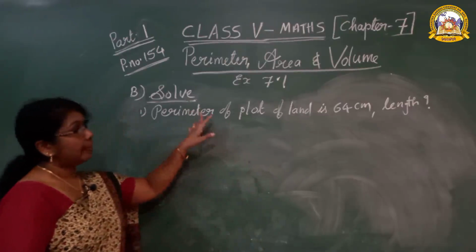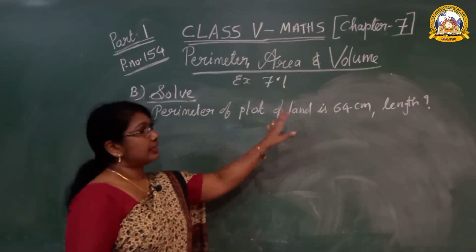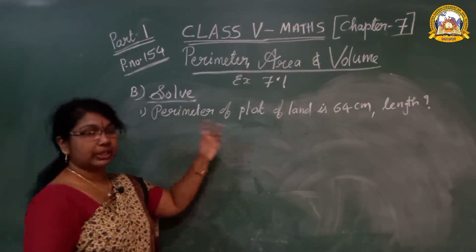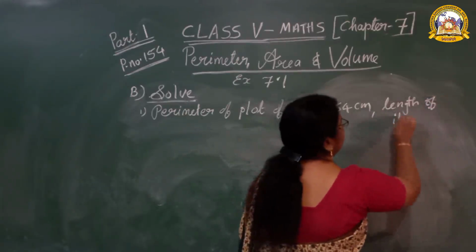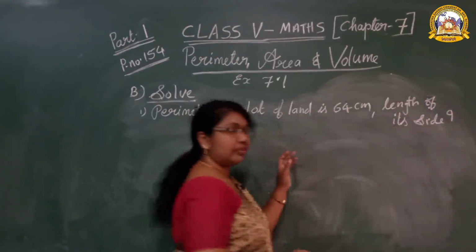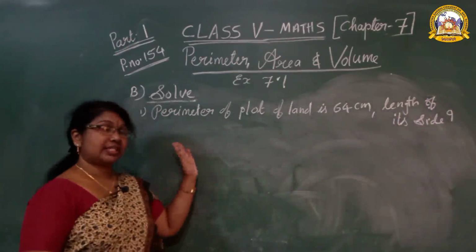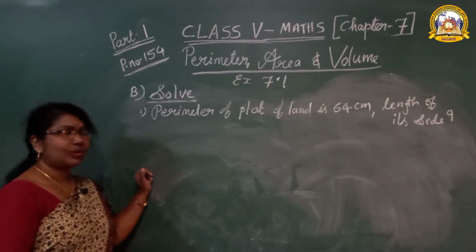Look here, students. The perimeter of the land is 64 centimeter. What is the length of each side? We have to find the length of this one side. Can you say what shape this plot of land is? How do we know?